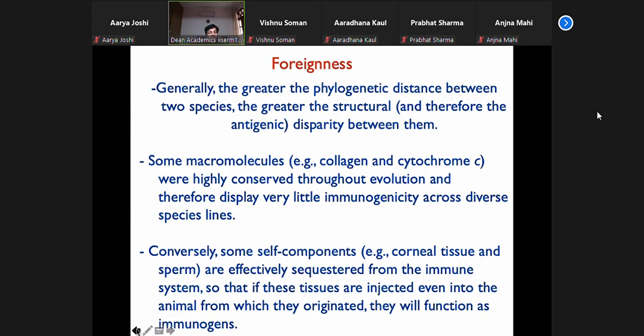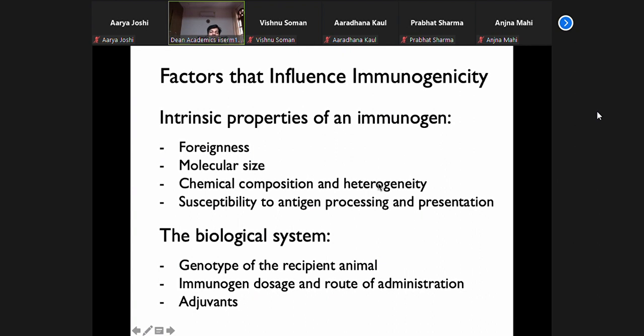So these are some of the factors which influence immunogenicity. You can categorize them in different forms. One is the intrinsic properties of an immunogen, which are as follows. One is foreignness. Foreignness means what?